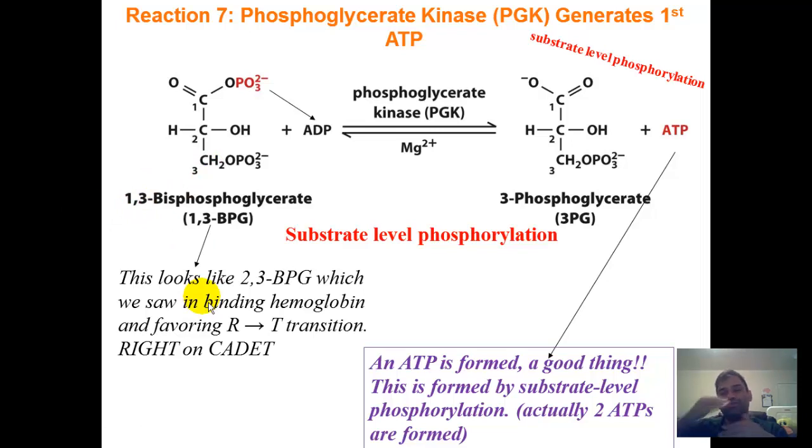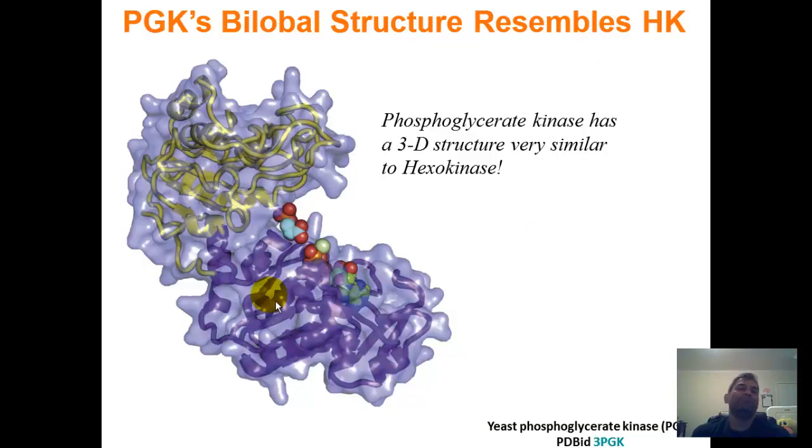You have a way of linking glycolytic flux to hemoglobin delivery of oxygen to the tissues. So from 1,3-bisphosphoglycerate, we can potentially shunt this to 2,3-bisphosphoglycerate, which then goes and regulates hemoglobin.